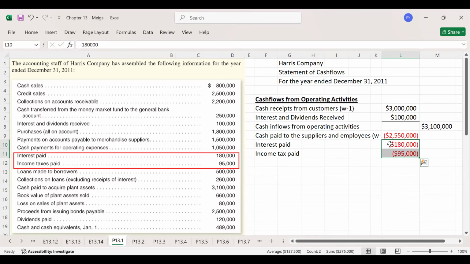Both are cash outflows. By adding all these three cash paid items, you get cash outflows from operating activities, and the total I am representing in the outside column.